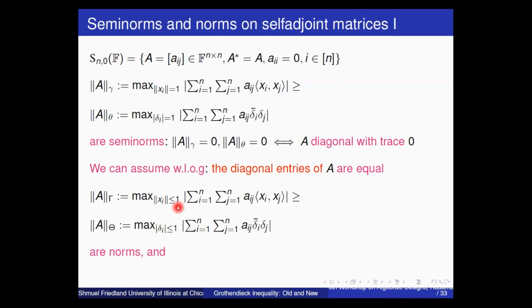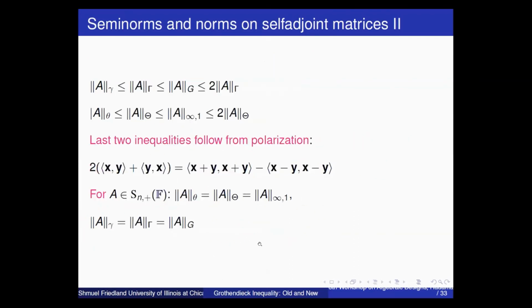Now, you can also do another one, which for the Grothendieck norm is the same, but here is not. You can define A capital gamma as the maximum when each X_i has norm equal to 1, with the same expression, and A capital theta is the same for one-dimensional. So these are true norms.